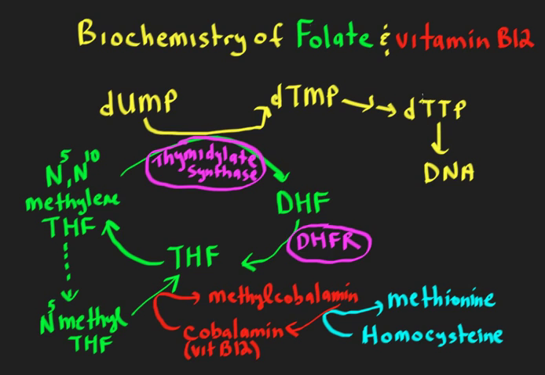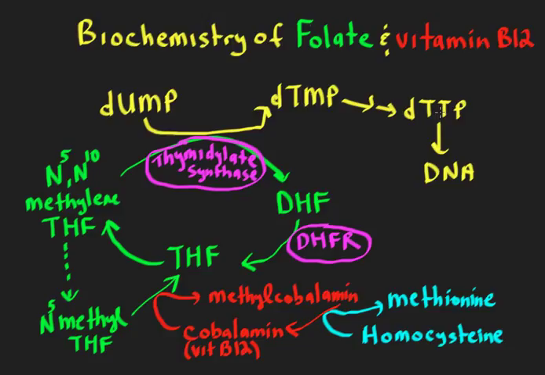deoxynucleotide triphosphates, and so this is dTTP here, for example, and that comes from dTMP, deoxythymidine monophosphate. The way this works is during a synthetic pathway, you don't make dTMP directly. It actually comes from dUMP. You have a uridine monophosphate here, and that needs to get a methyl group to become dTMP so you can make this particular deoxynucleotide triphosphate.